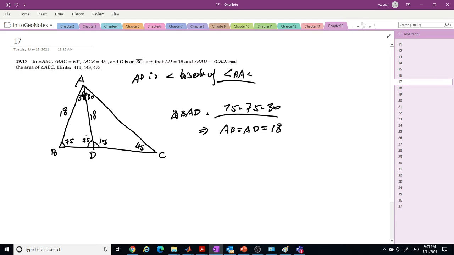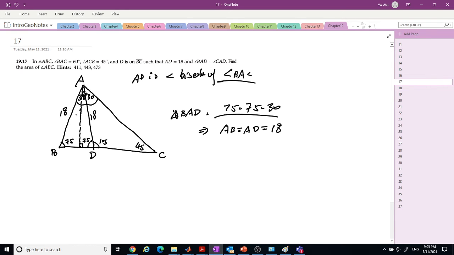Now in order to find the area, we need the base times the height, right? Or we need to find the AC, right? And we can use the law of sine, right? So now let's put the height here, land on the height, right?